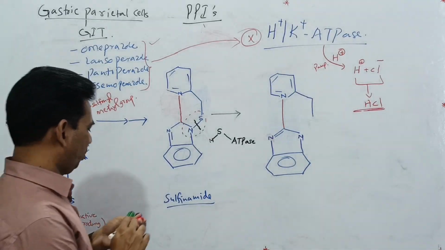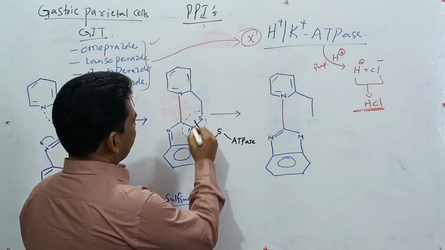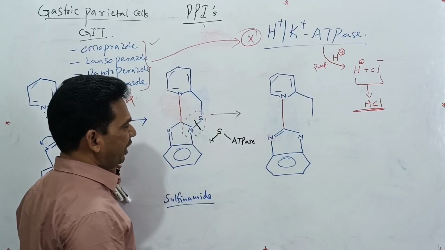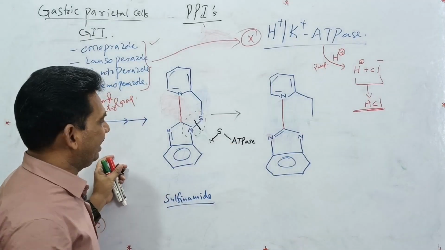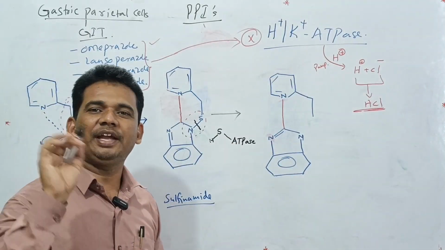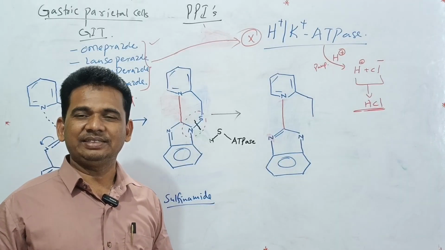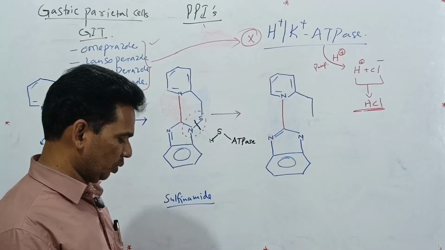Now this sulfonamide group is going to break when it reacts with the ATPase enzyme. Another thing to remember: all the ATPase enzymes have a mercapto group, because it is part of cysteine.